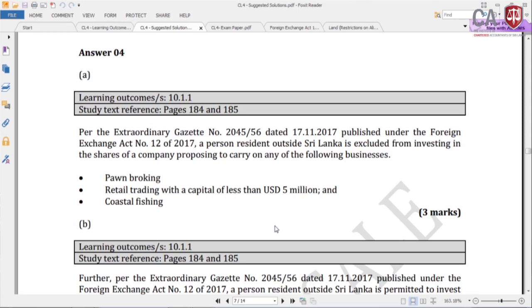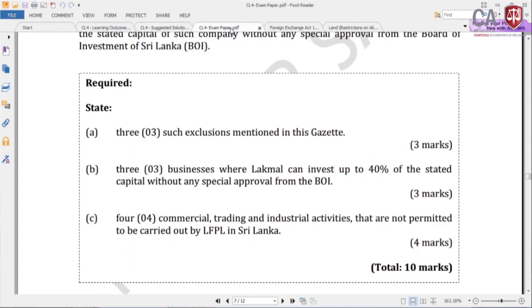So, what are those 3? Pawnbroking. Secondly, retail trading with a capital of less than $5 million, and coastal fishing. So, these are the prohibited types of businesses that Lakmal will not be able to invest in.